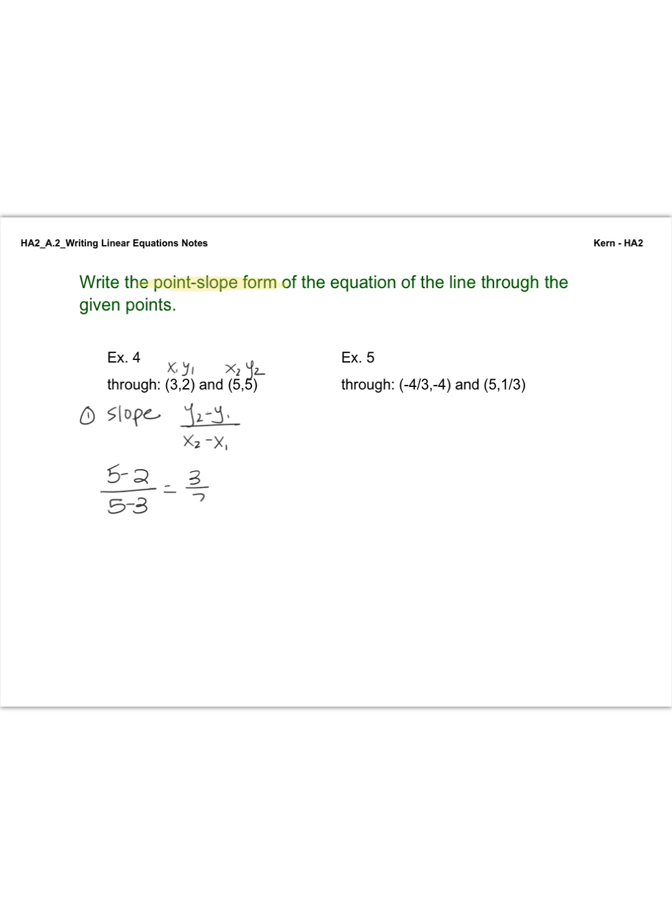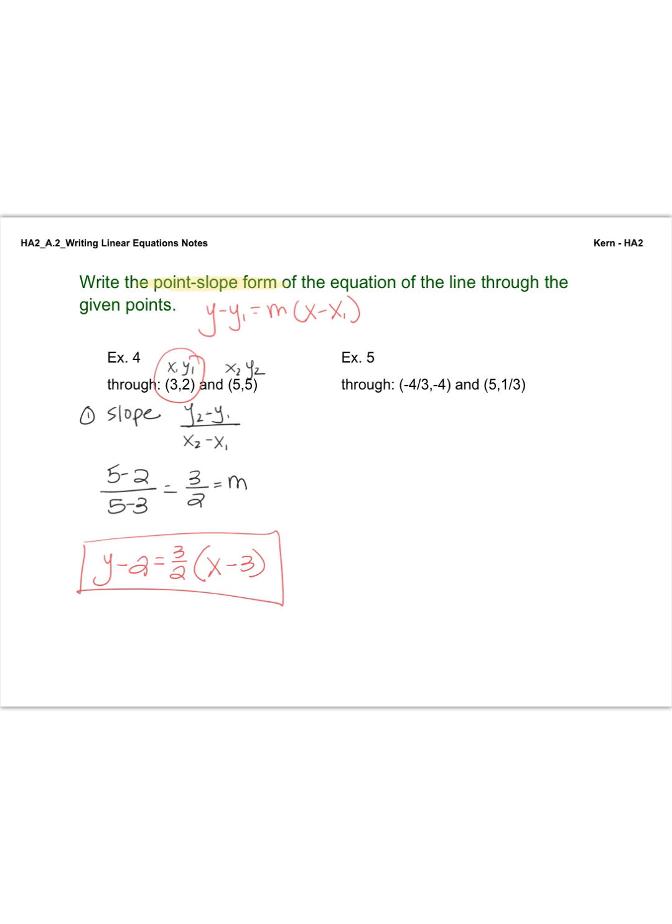So that's 3 halves. So this is my m value. We should know that point slope form from the last slide is this formula here. And then you have x minus x1. And then you can use either of these points as your x1 and your y1. So we have y minus 2 equals m times x minus 3. And this would be your final answer here.